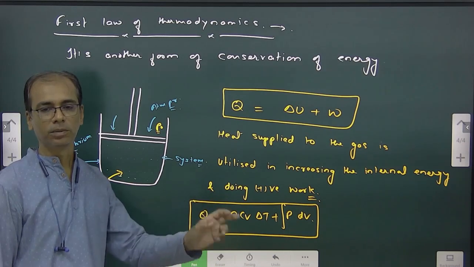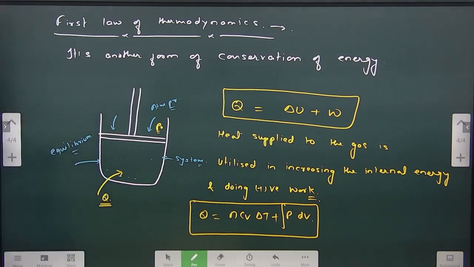So Q equals change in internal energy plus work done. Clear? Note this one. Done.